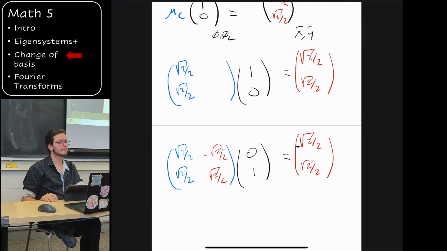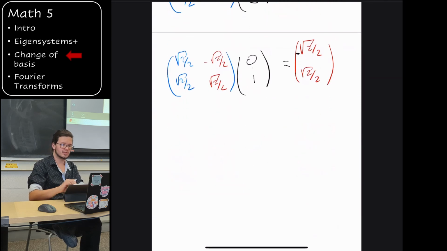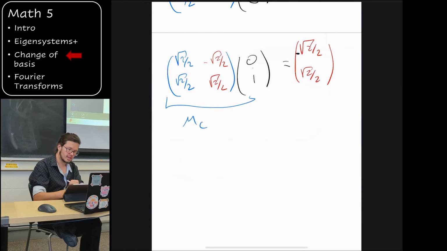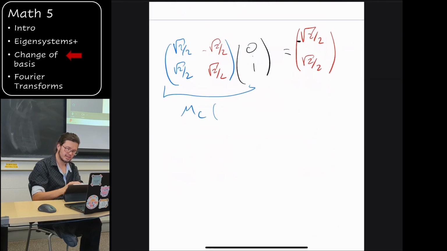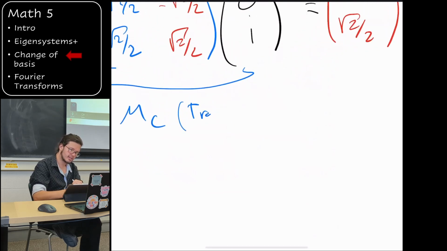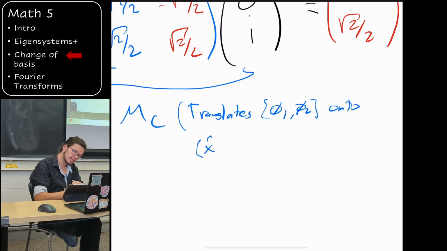Okay. So here is your in-class activity. I'm going to put the PowerPoint in a second. This was MC, I'm going to put in parentheses, it translates phi 1, phi 2 bases onto x hat, y hat bases.